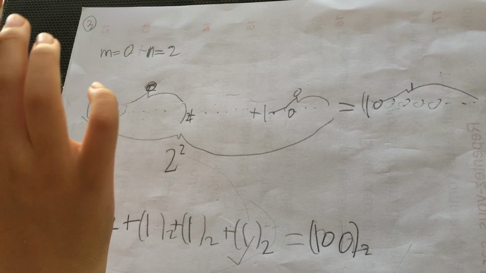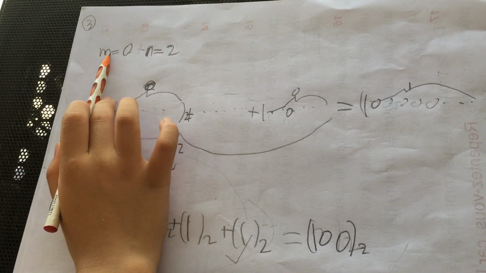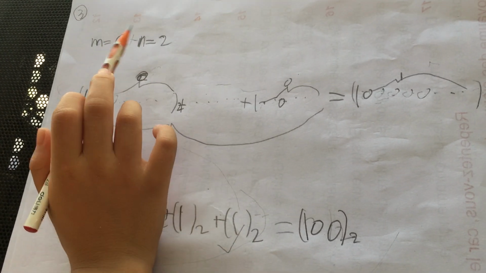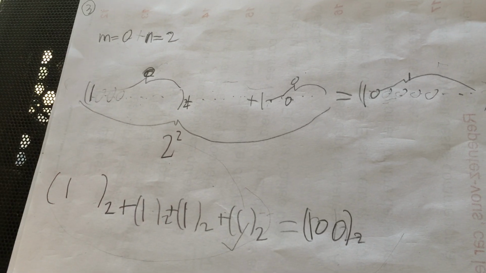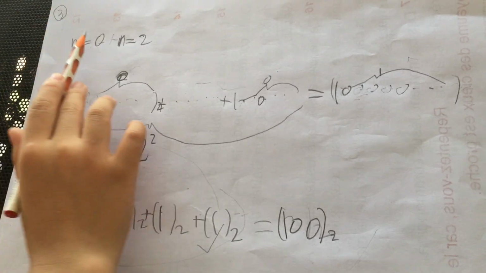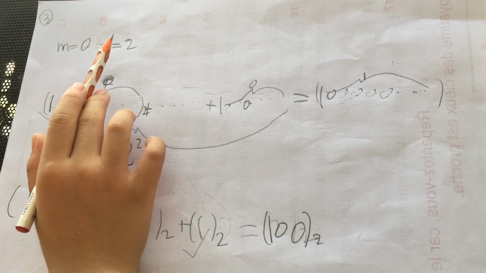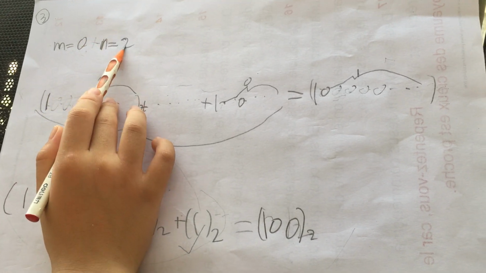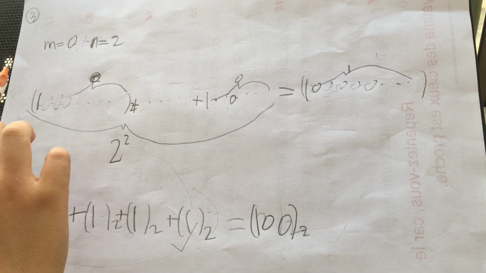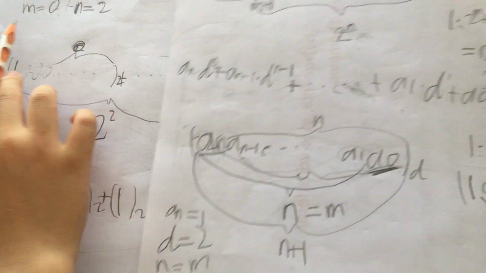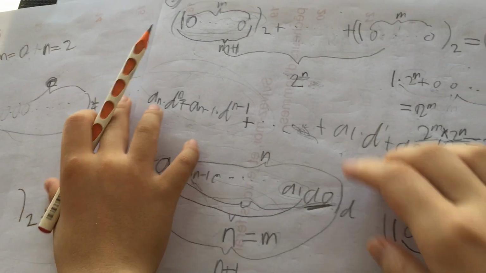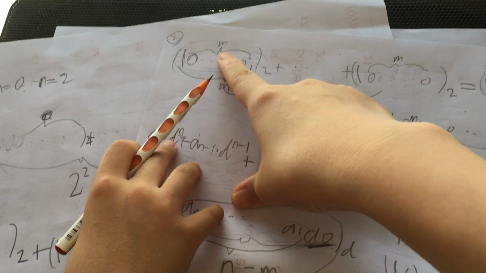Okay, so if we're going to learn another one, we look at specific cases. If m equals 0 and n equals 2. Remember, n means how many times the number has to be taken.